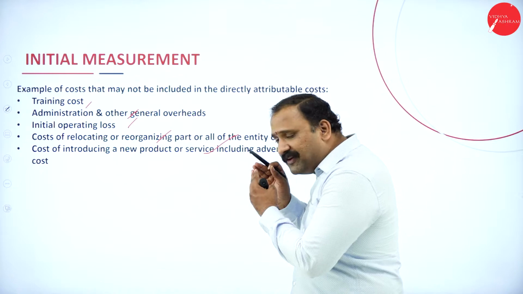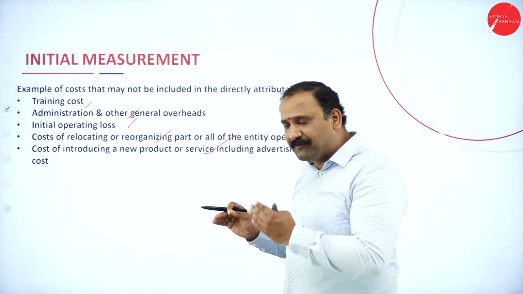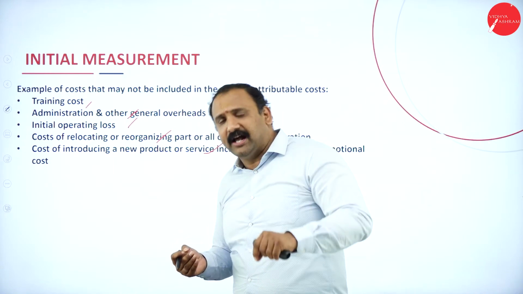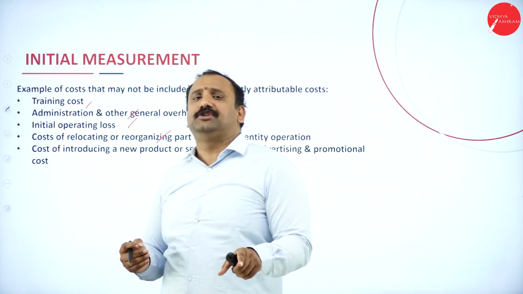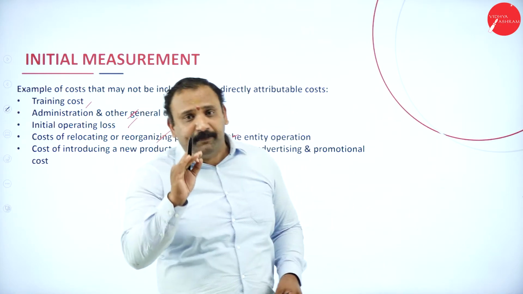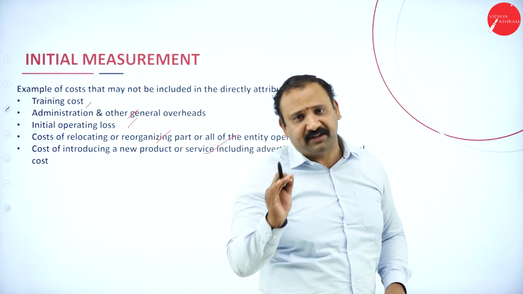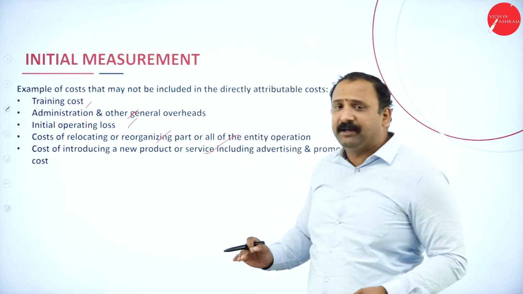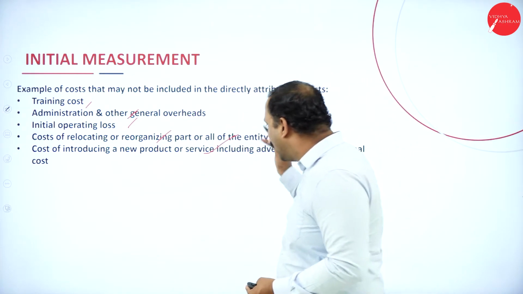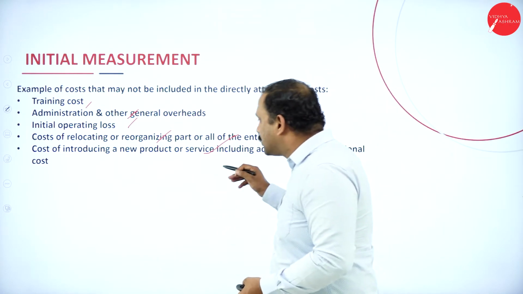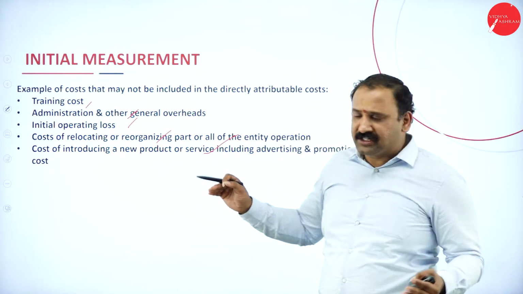Now, this is a very, very important factor that you have to learn. What is the training cost? Suppose you have to train a person to run that machine, so there will be a cost associated with it. There are some administrative expenses governing that cost. There will be some initial operating losses. There might be the cost of relocating or reorganizing the entity or the operation, and the cost of introducing a new product or service.